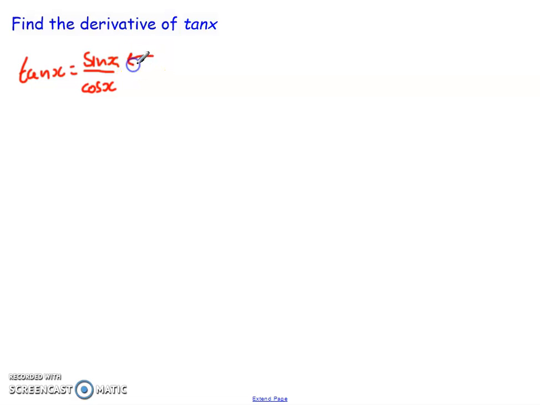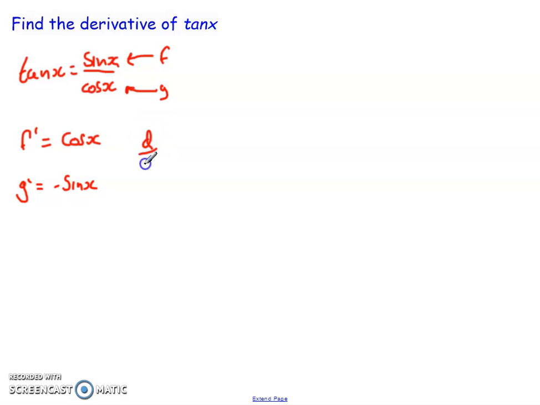So again, what I'm going to do is label the top f, the bottom g, and follow through the same steps. So my f dash, derivative of the top, is going to be given by cos x. My g dash, the derivative of the bottom, is going to be minus sine x. So what I'm then going to do is plug it all into the formula and see what I get.